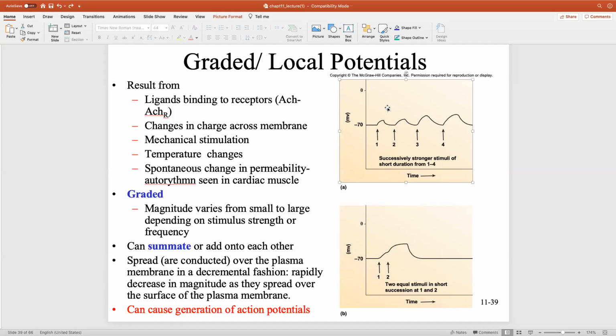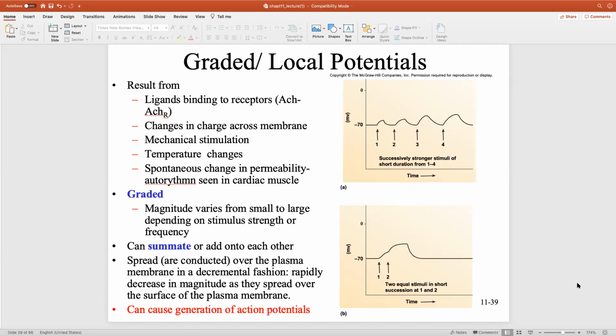So then you hit threshold. So we can add, and then more importantly as well, we can subtract these local potentials. And if by adding and subtracting we hit threshold, we can then have a local potential turn into an action potential.